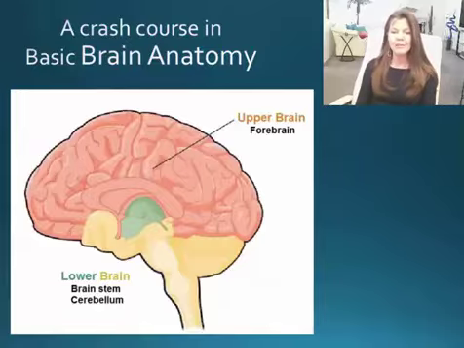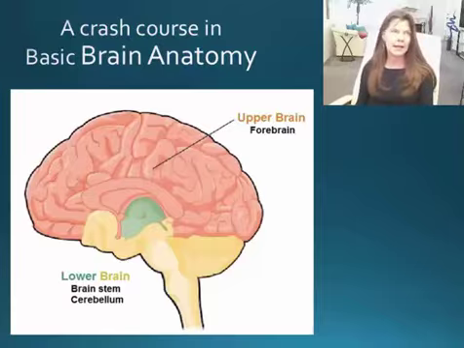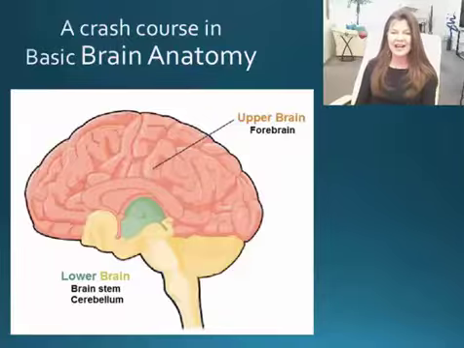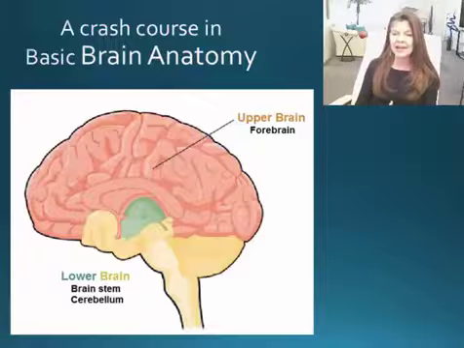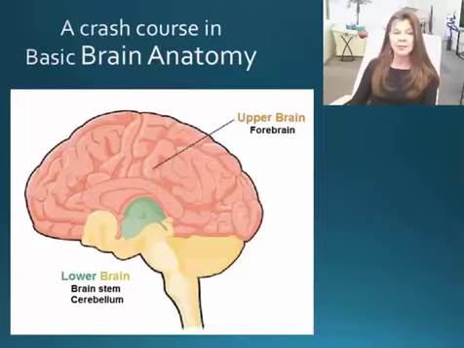The lower brain consists of the brain stem and the cerebellum, and they are involved in lower functions, those related to survival like breathing, sleeping, feeding, mating, movement, etc. The brain stem is sometimes called the reptilian brain because it was the first to evolve and is still the entire brain in reptiles.